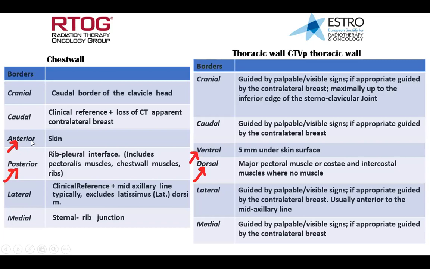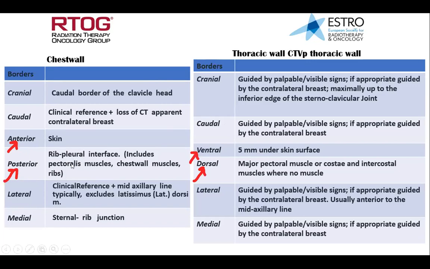And coming to the anterior border, similar to what we have seen in the breast CTV, here also skin is included in the RTOG, and 5 mm under the skin surface is taken in the ESTRO guidelines. And the main and most important difference here is the posterior border. In RTOG we take the posterior border at the rib-pleural interface.